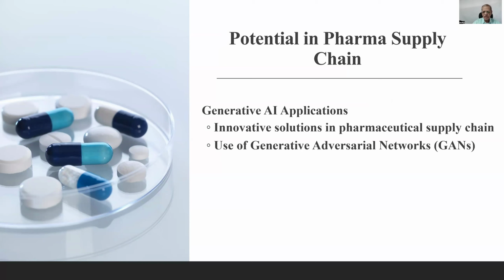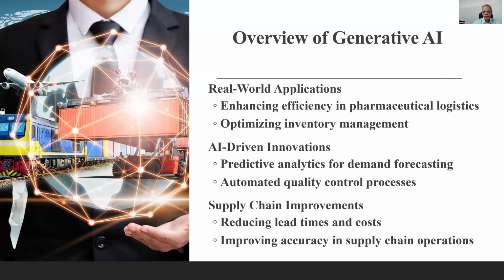Generative artificial intelligence can contribute big innovation to the pharma supply chain at every process, whether it's the demand side, the supply side, the manufacturing side, or sales and operations. Everywhere a huge contribution can come up.